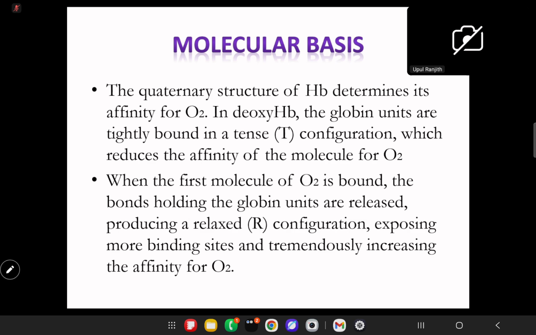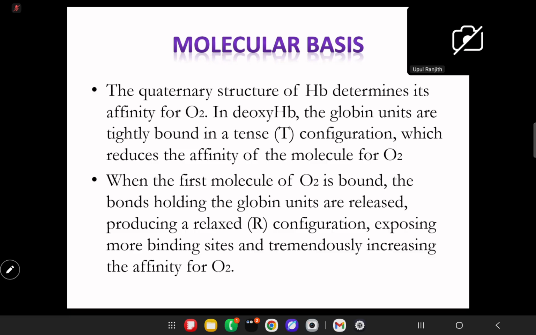When the first molecule of oxygen is bound, the bonds holding the globin units are released, producing a relaxed configuration. That exposes more binding sites and tremendously increases the affinity for oxygen. So the tense form is converted to the relaxed form when one oxygen molecule is bound.